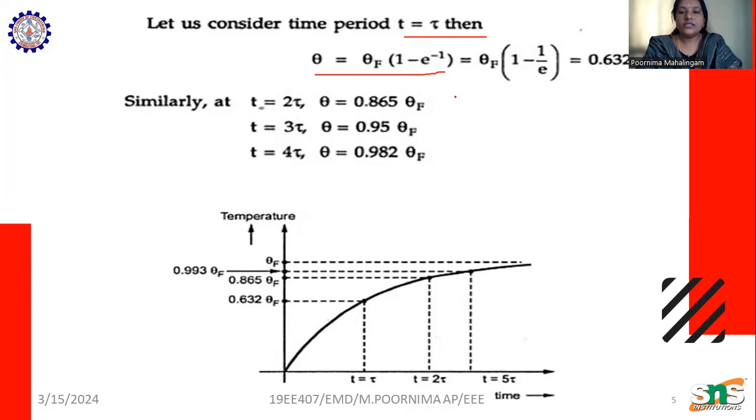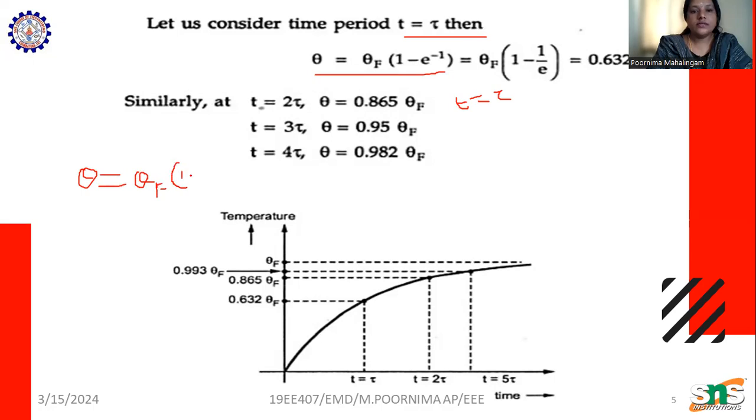So considering t equal to tau, we already know that theta is equal to theta f into 1 minus e power minus t divided by tau.